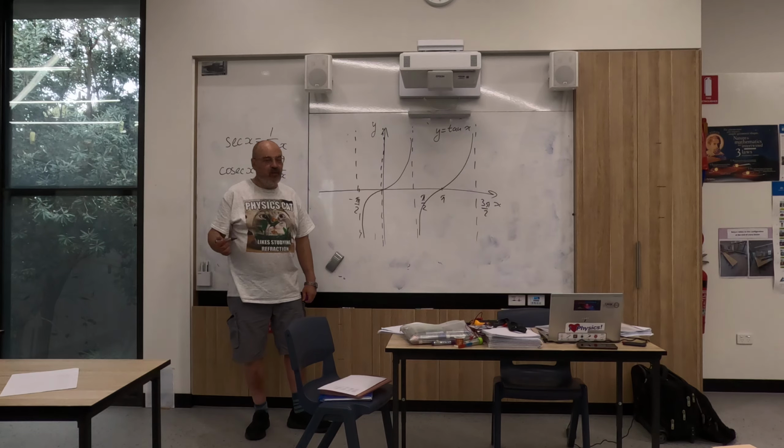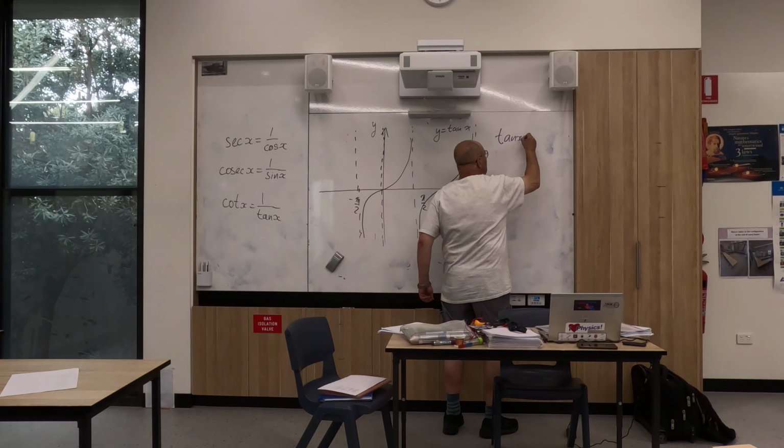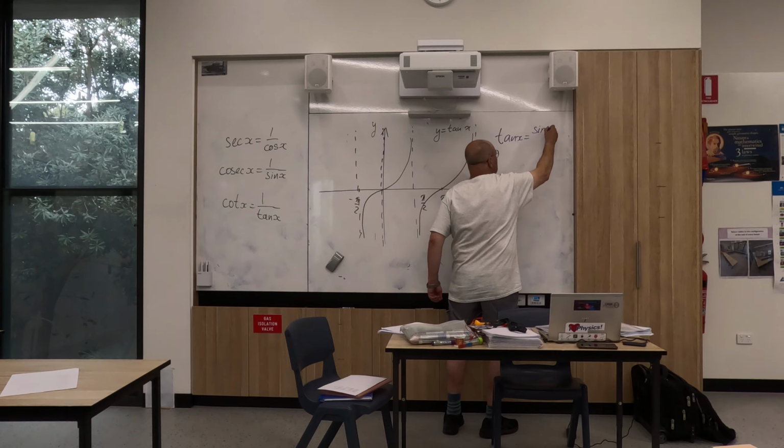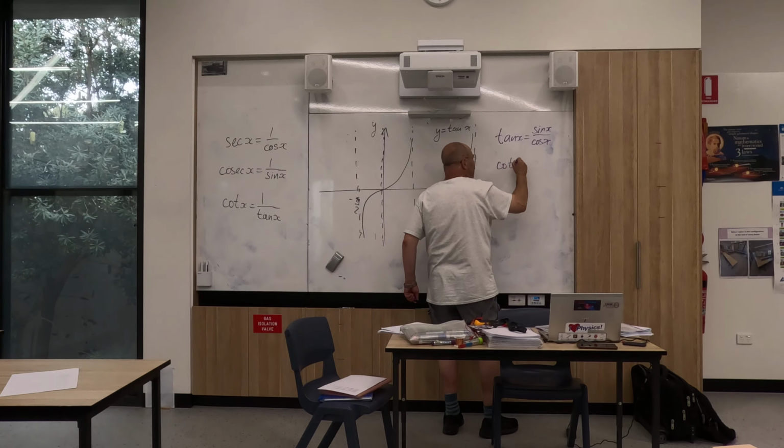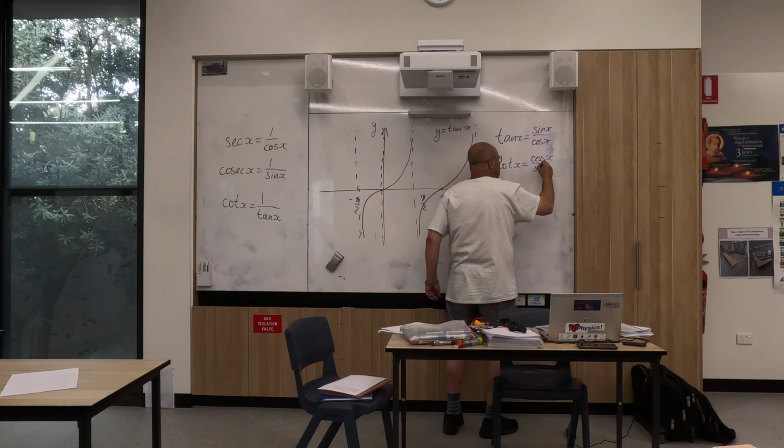More exactly, what is tan? It is sine over cos. Cotangent x will be cos x on sine x.